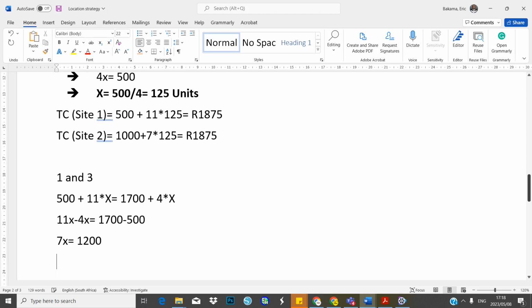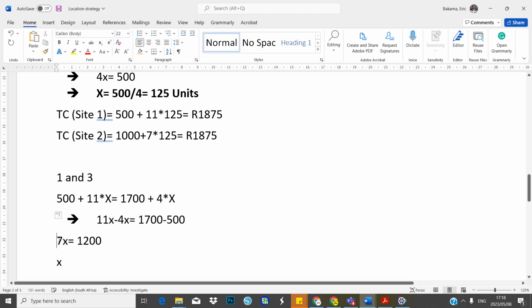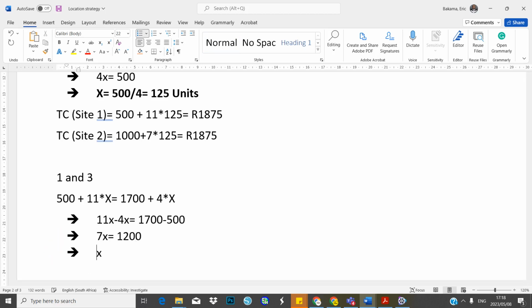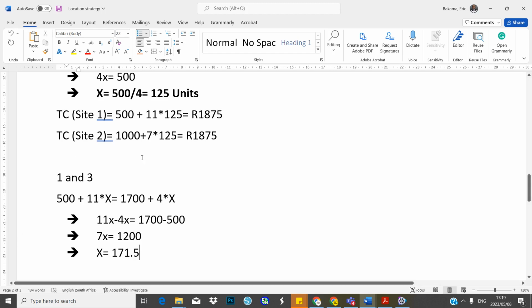Then you divide both sides by 7, which will give you 1200 divided by 7, which gives you 171. I'm going to keep it to 1 decimal place, which will give you 171.5, like this.